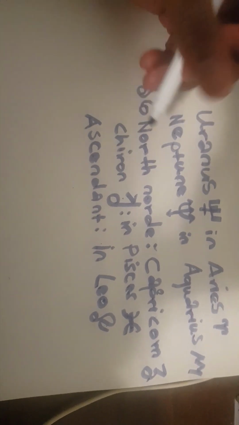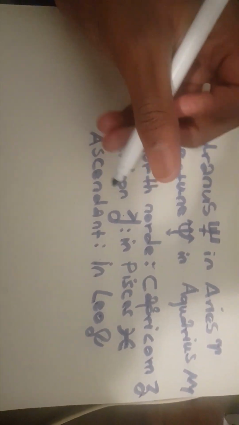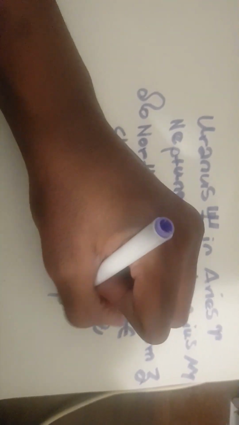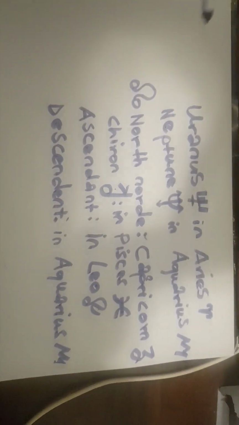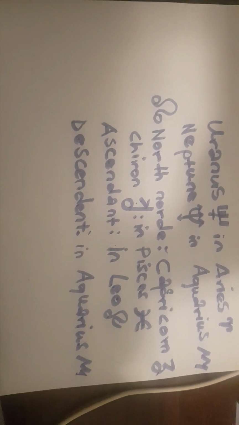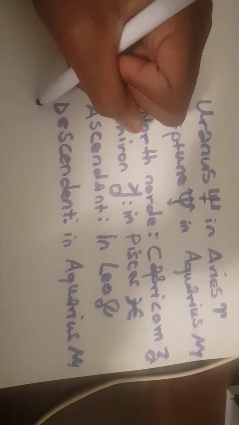And finally my descendant, and that is in fact Aquarius. I said finally, but I actually have my midheaven and my Imum Coeli to go. So my midheaven is Taurus, also known as the Medium Coeli.